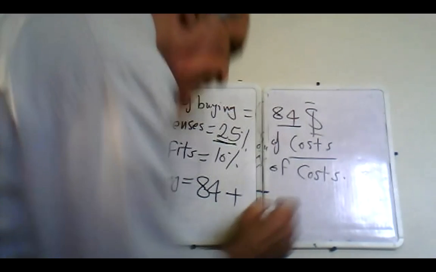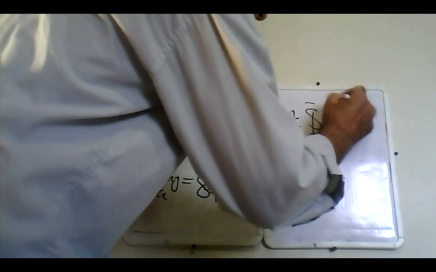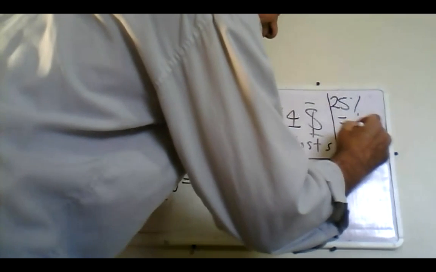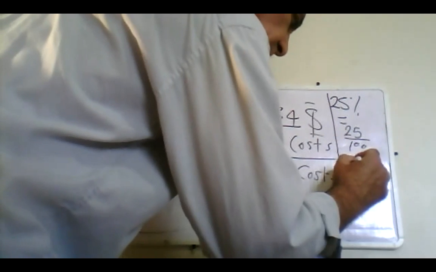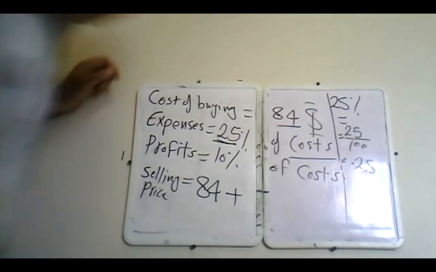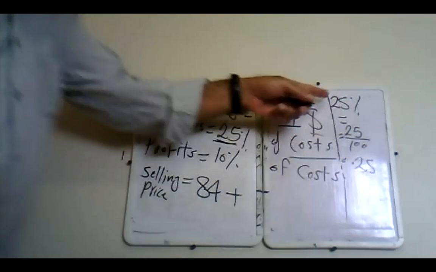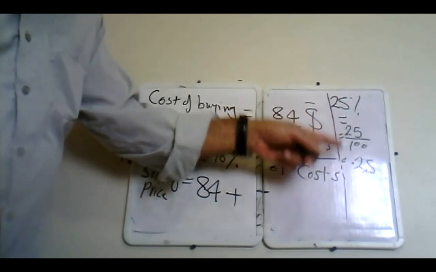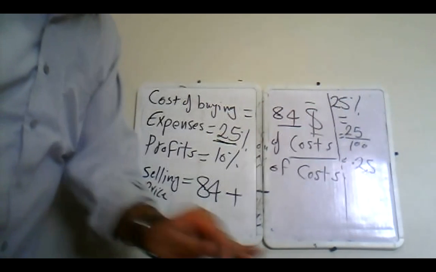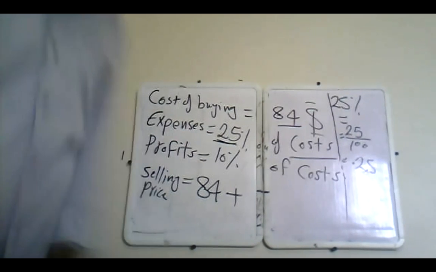So 25%, we said before, will equal exactly 25%, or will equal also 0.25. The three are alternates. So 25% is 25 divided by 100, or 0.25. All of them are the same thing.